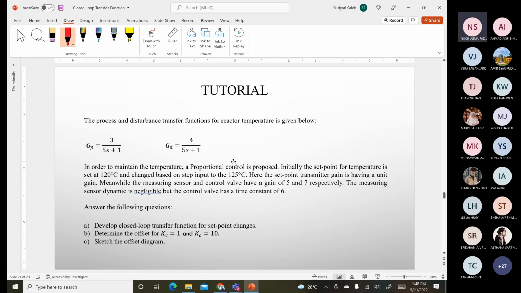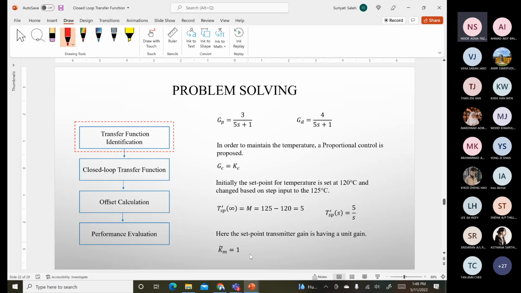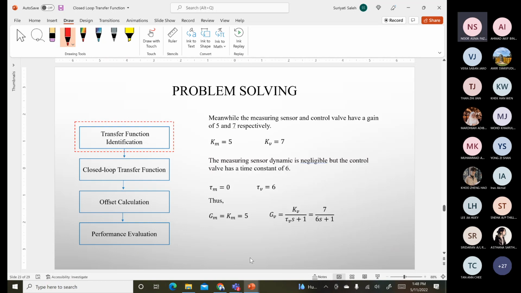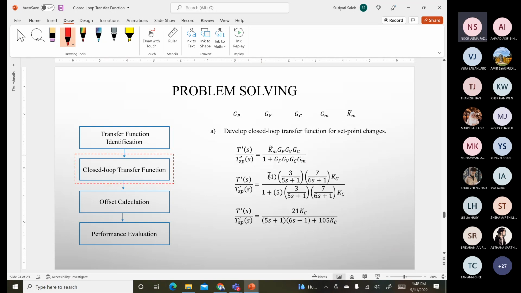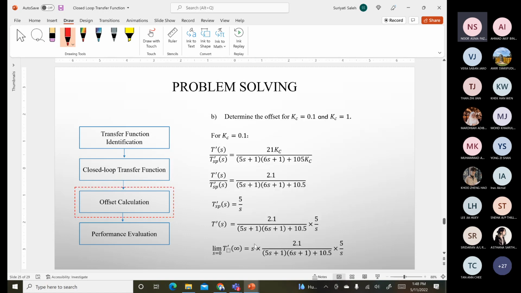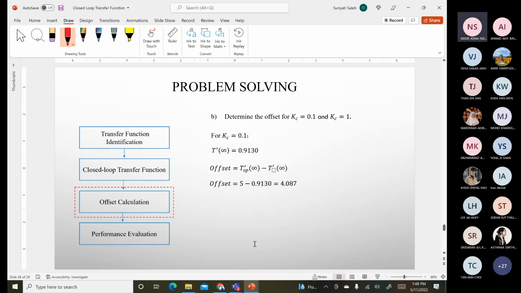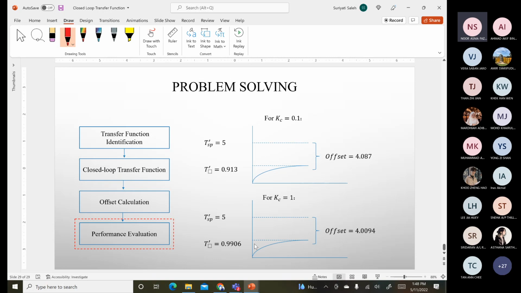In this case, I put a step-by-step procedure. I put the GP, the GD, and then I show the calculation. And this is step-by-step how to include the transfer function inside the overall closed loop transfer function for set point changes, and how the offset calculation can be done. So I think you can refer to it by yourself because this is the step-by-step procedure.